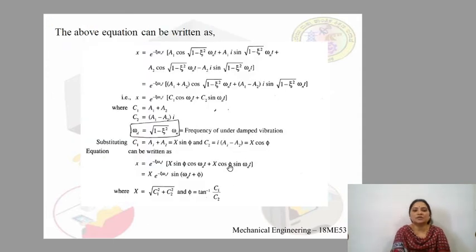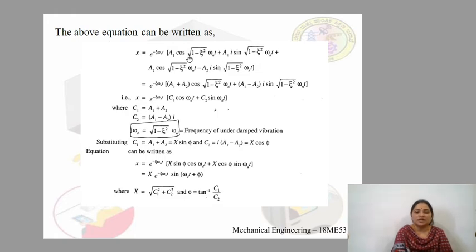Using the above Euler's theorem, we can write the equation as x equals e to the power of minus zeta omega n t, square bracket open, a1 as it is, and cos theta, that is cos of square root of 1 minus zeta square omega n t, plus a1 i sin theta, that is i into sin of square root of 1 minus zeta square omega n t, plus the second term can also be written in a similar fashion, that is cos theta minus i sin theta.